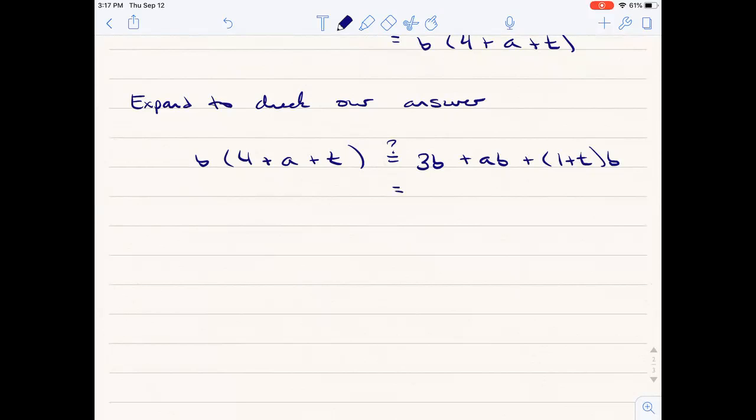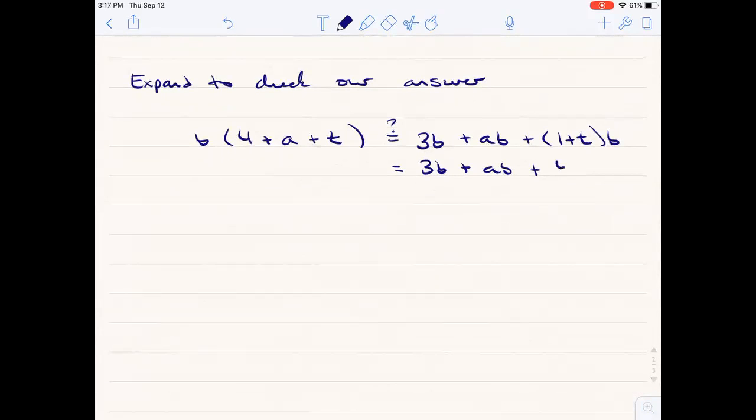And so we said, okay, well, 3b plus ab plus, and now we've got b multiplying 1 plus t, so we got to bring the b inside, right, if we're expanding it. So we've got b plus b times t. To simplify, right, we're going to collect like terms. And so we've got 3b.